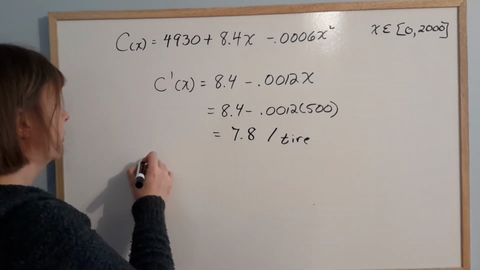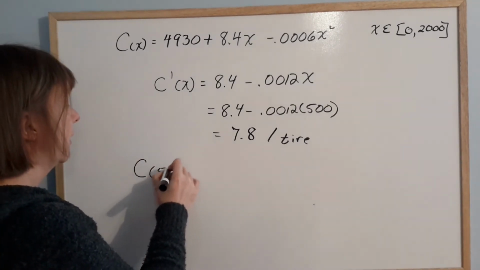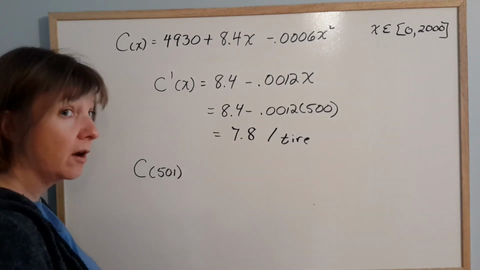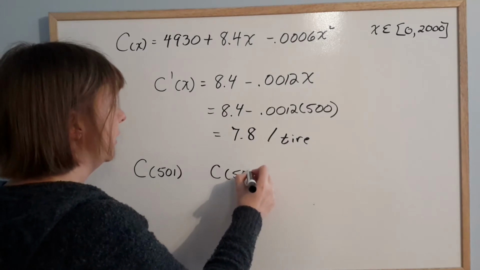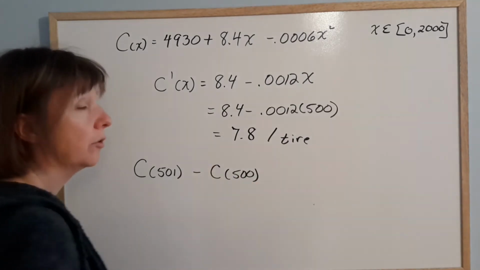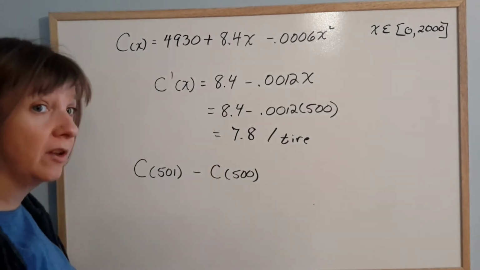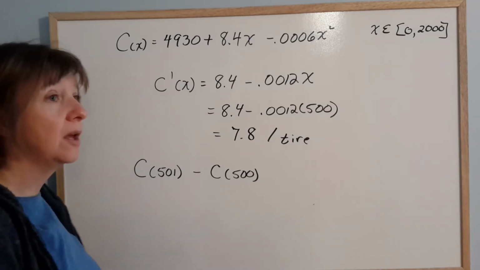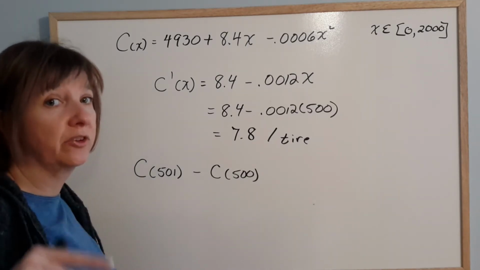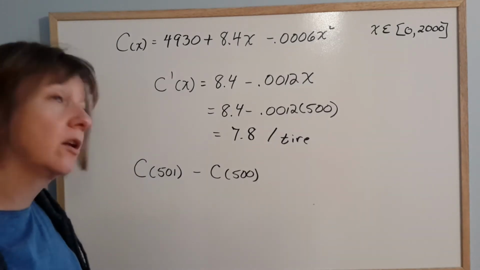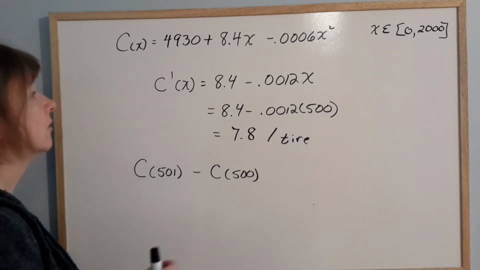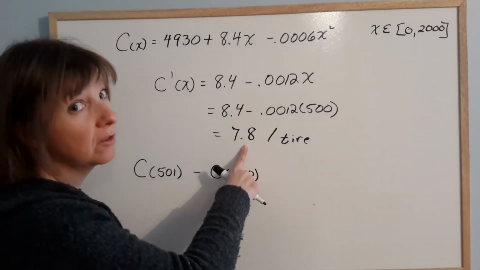What we're going to do is figure out the cost of making 501 tires, and figure out the cost to make 500 tires, and we will subtract them. What that will tell us is, what did it cost to make that one 501st tire coming off the assembly line? And it should be really, really close to this number, by the way.